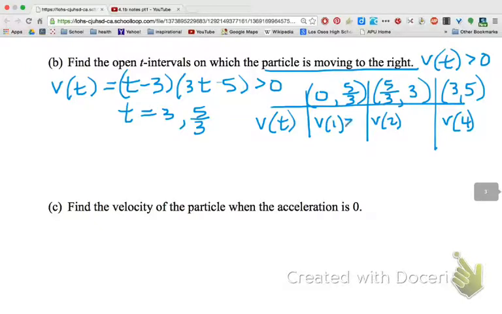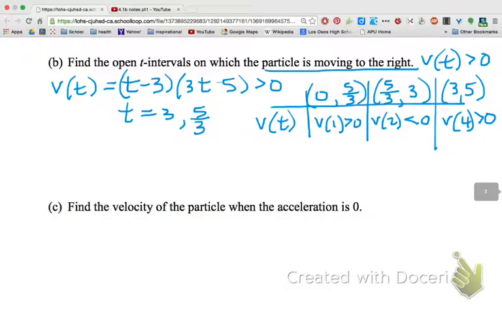And if I plug in 2, the first parentheses will be negative, but the second one will be positive, so a negative times a positive is a negative. And if I plug in 4, the first parentheses will be positive, the second parentheses will be positive. Positive times positive is a positive.